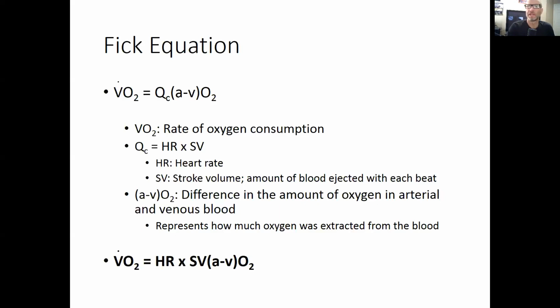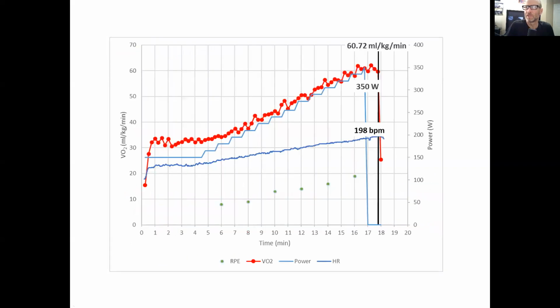So let's look at some data here. This is the form of the equation that I'll use to explain why we measure heart rate during exercise. Here's some data from a cycle graded exercise test. The light blue line represents the amount of resistance of the bike, steadily increasing.